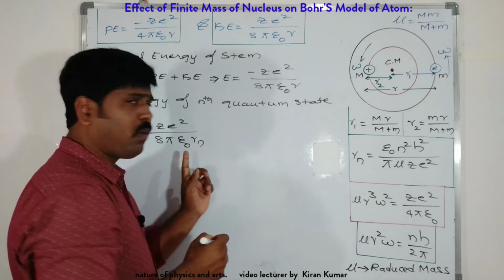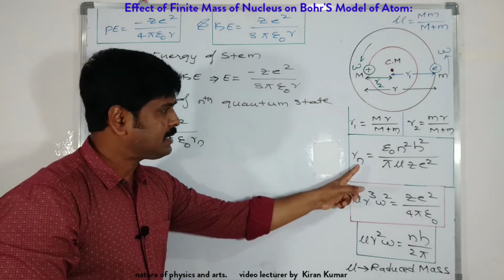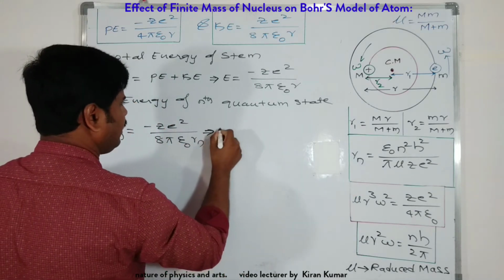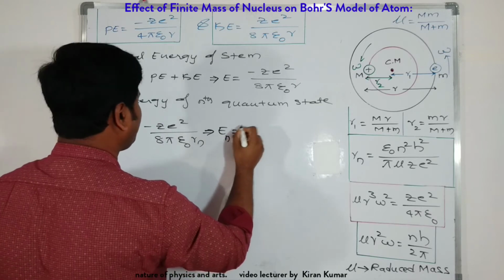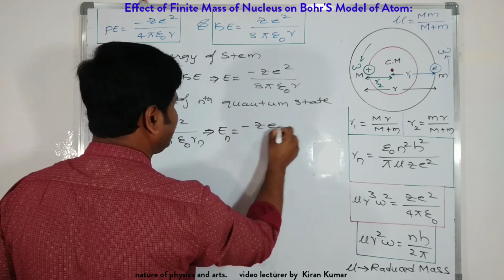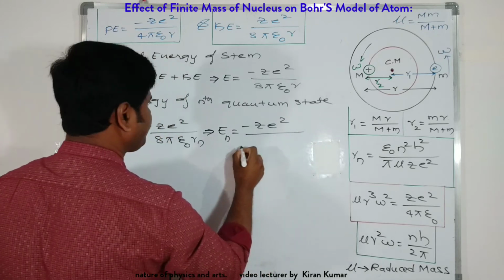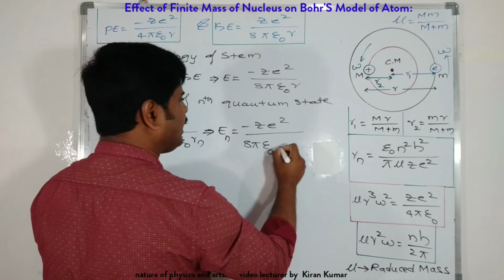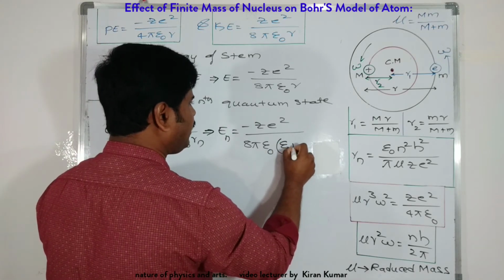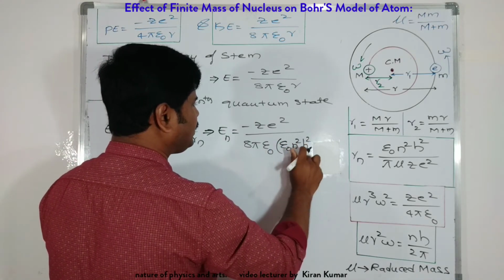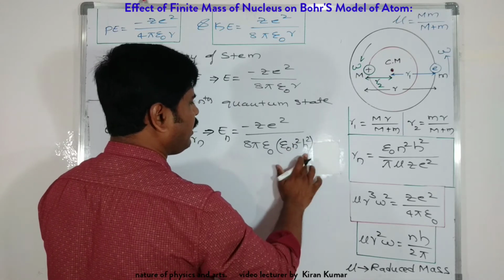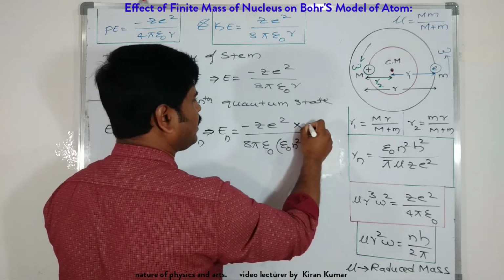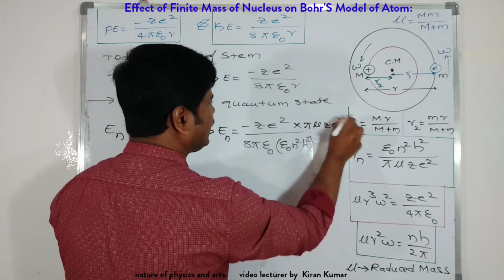Here the Rn value we already know. Replacing in this equation, En is equal to minus Z e square divided by 8 pi epsilon naught into Rn value, that is epsilon naught n square h square, into this denominator value I am writing in the numerator, that is pi mu Z e square.